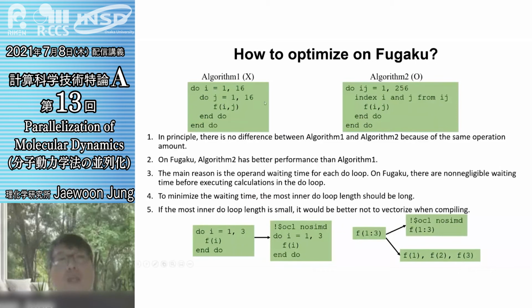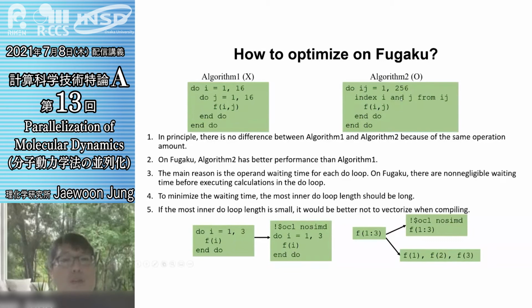In fact, we can combine this ij index as one and we can make a do loop from 1 to 256. Just theoretically, this algorithm 1 and algorithm 2 are identical to each other. There is no difference in the computational cost. But we found that on Fugaku, this algorithm 2 is much better.